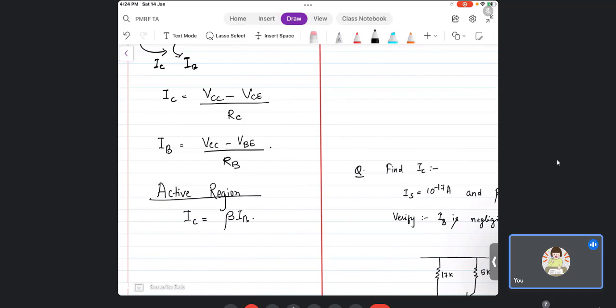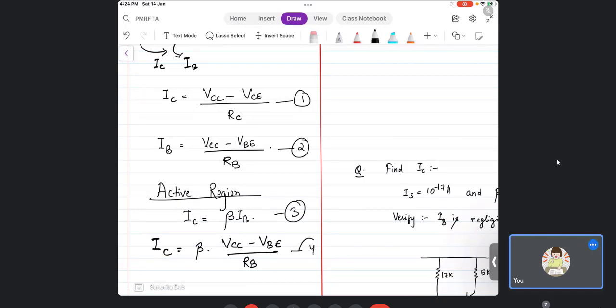So I can also write that IC is equal to beta times (VCC minus VBE) by RB. If I put equation numbers, this is equation 1, this is 2, this is 3, and from 2 and 3 you can come to equation 4.